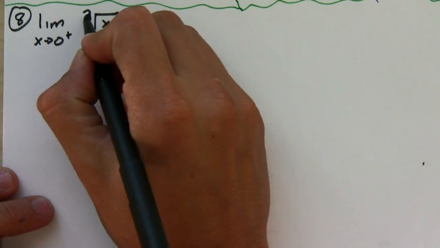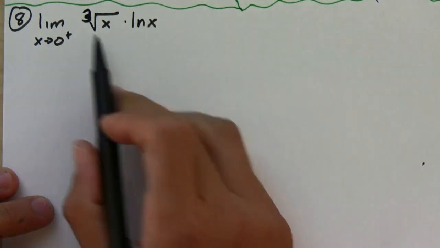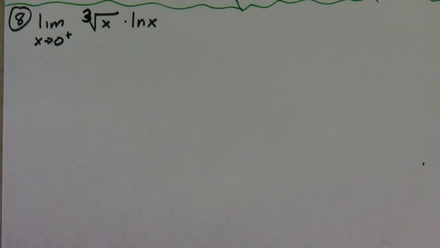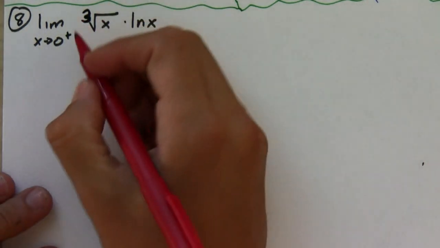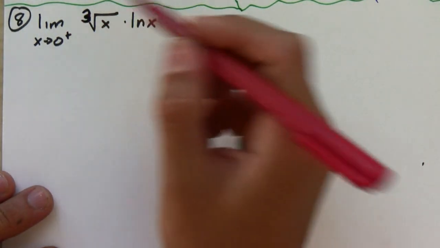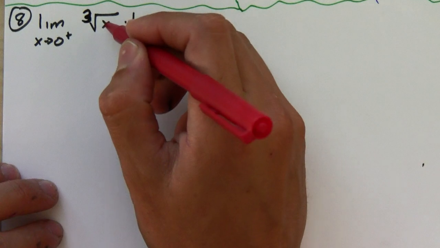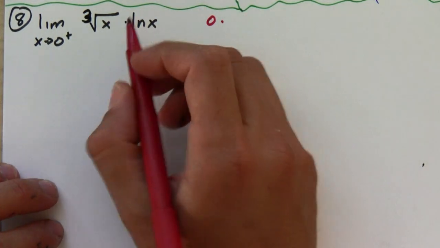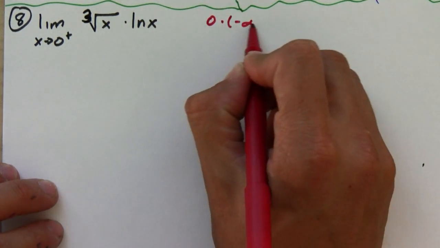Okay, so this problem we have the cube root of x times natural log of x. And as usual, remember, we always plug in the value to see where it's going. And this one, the first factor is going to 0, and the second one's going to negative infinity.